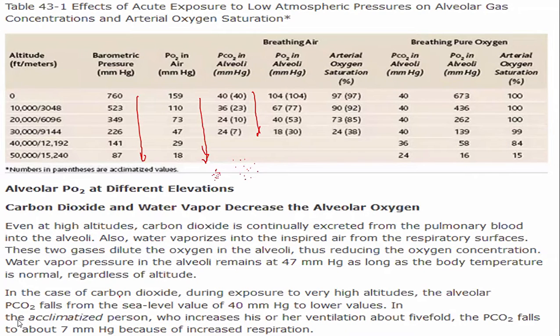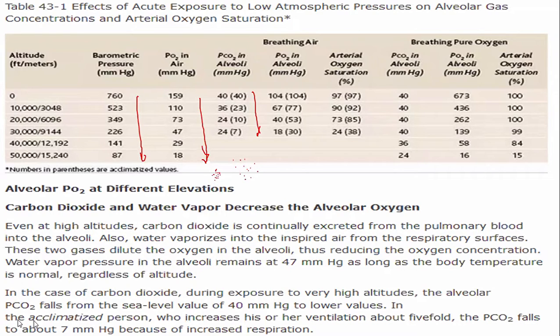In the case of carbon dioxide, during exposure to very high altitude, the alveolar carbon dioxide falls from the sea level value of 40 to lower values. When we say acclimatized, it means the physiological adaptations happening to you so that you can survive the problem.